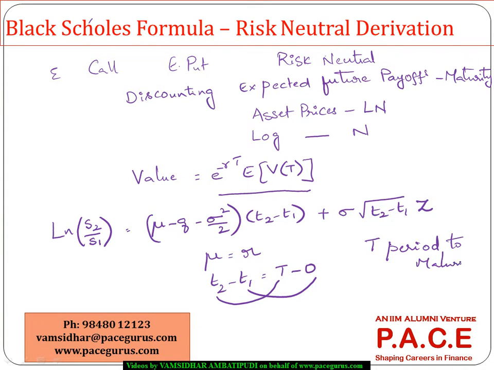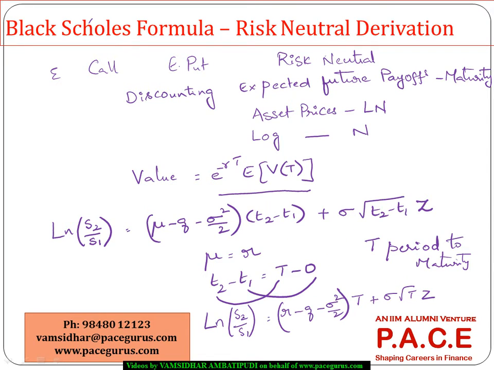So the same formula, log S2 by S1, will become r minus q minus sigma squared by 2 times T plus sigma root T times Z.